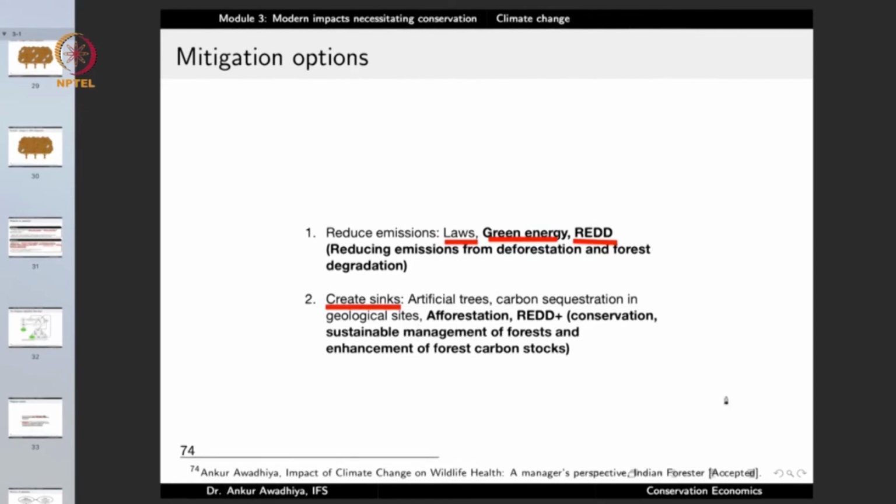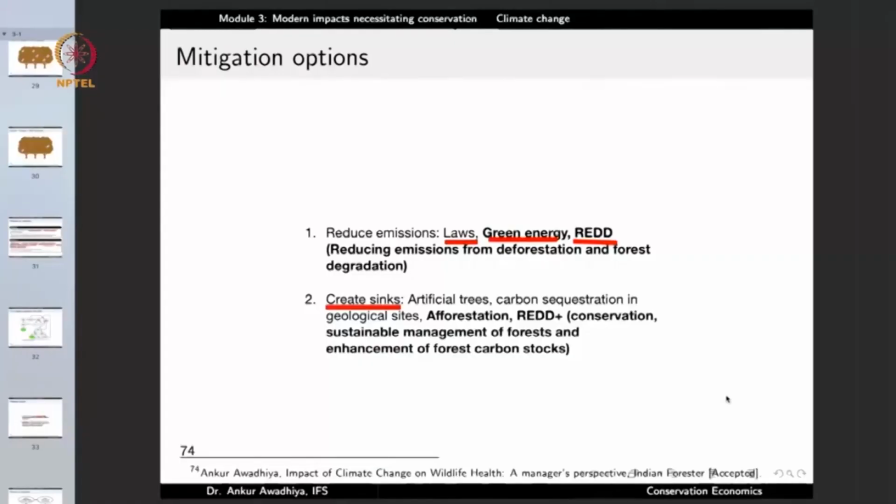Now, artificial trees is nothing but a device that can mimic photosynthesis and try to capture carbon from the atmosphere. Now it is still in an experimental phase, but yes, if the technology gets developed, that can also be used as a mechanism to create a sink for carbon. Or we can try to do carbon sequestration in geological sites.